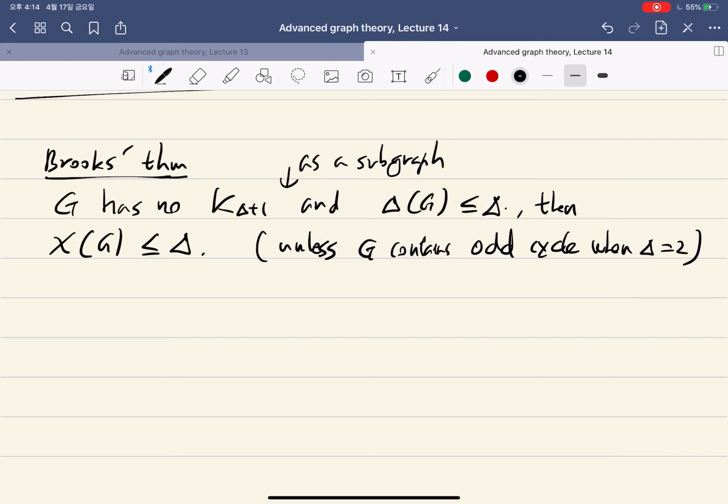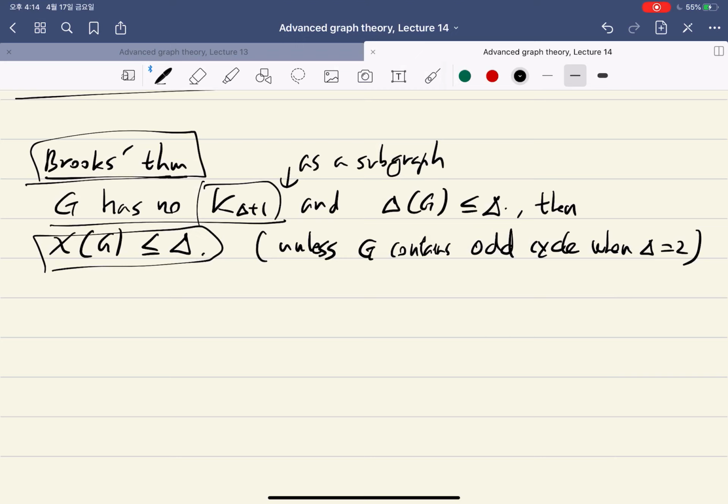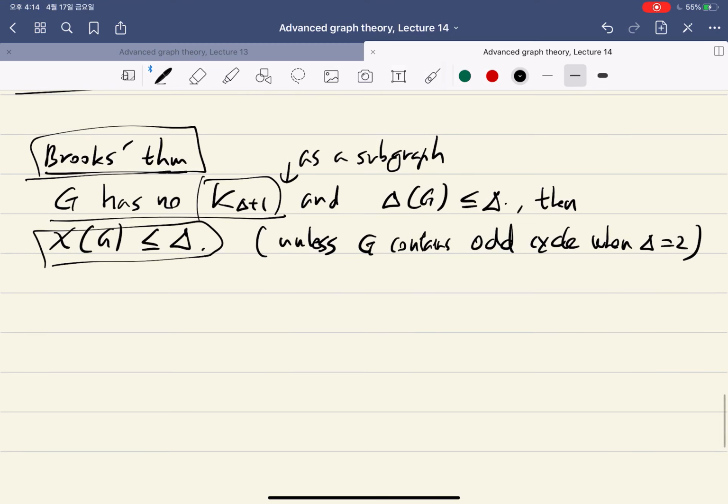So Brooks' theorem essentially says that as long as G does not contain a large clique, the maximum possible clique, then we can actually have a better bound on the chromatic number. Then it's natural to ask what if we forbid an even smaller clique?